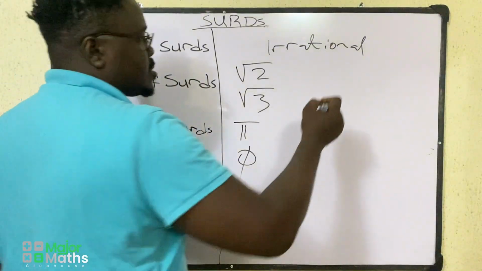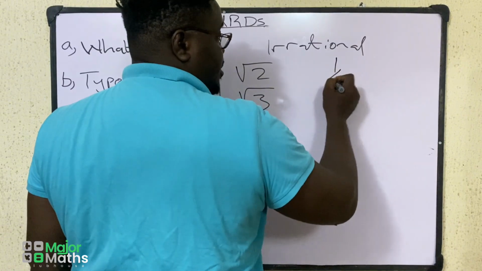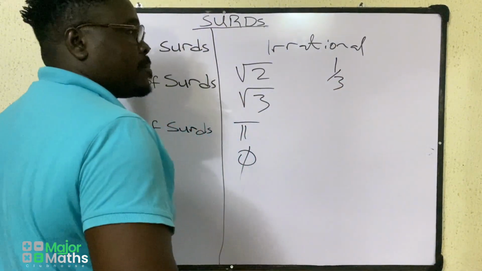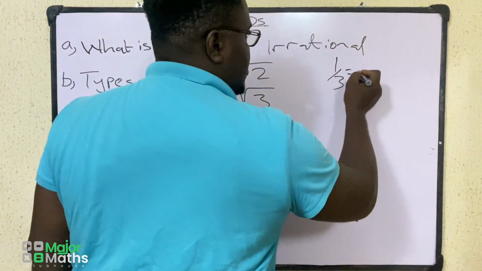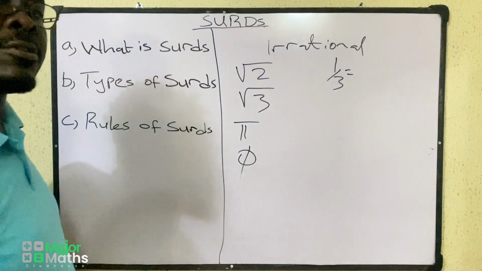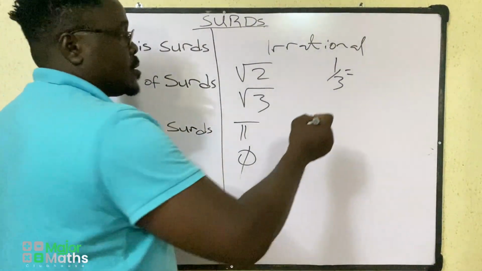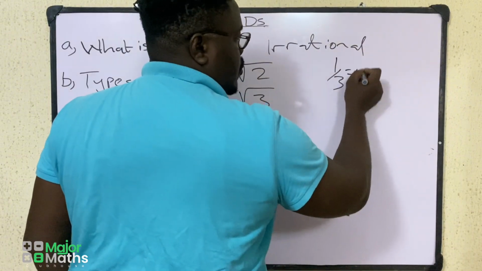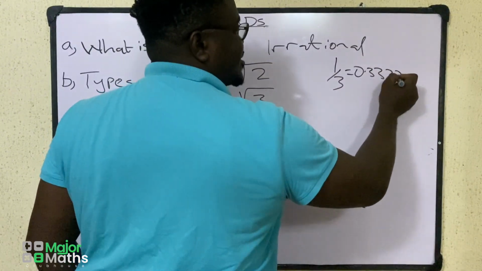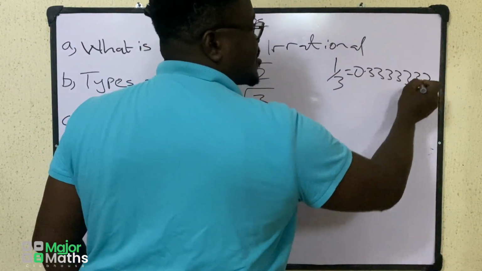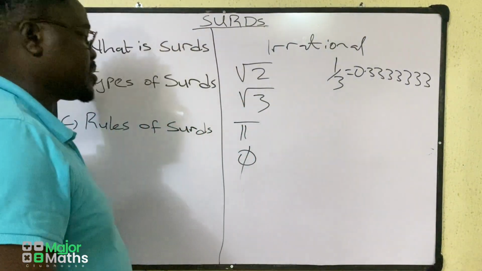Please take note: 1 over 3 is not an irrational number because it has a recurring pattern. 1 over 3 is equal to 0.3333, it's recurring. When I say recurring, it's repeating.